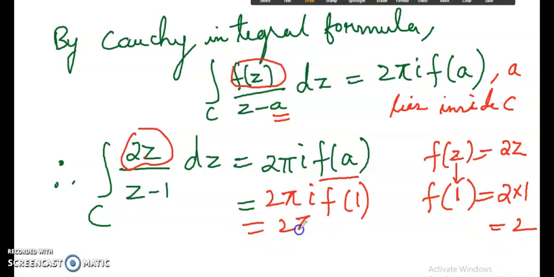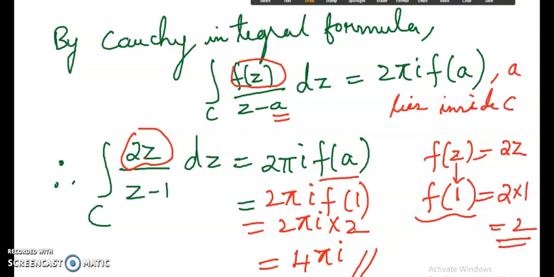So I write 2 pi i into 2. What is f of 1? f of 1 is 2. So instead of f of 1, I write 2. 2 twos are 4 pi i, which is the answer to this question.